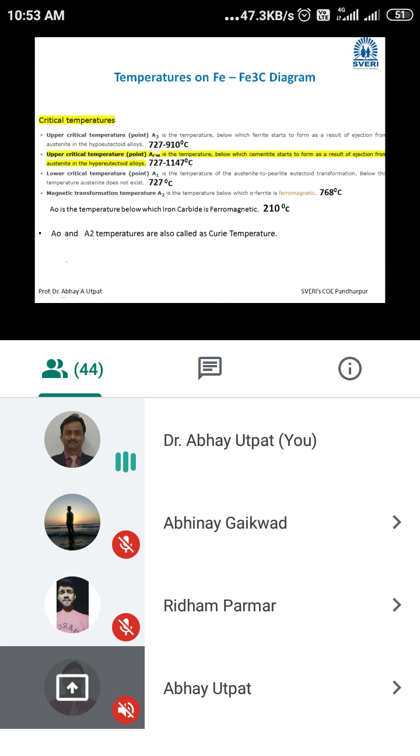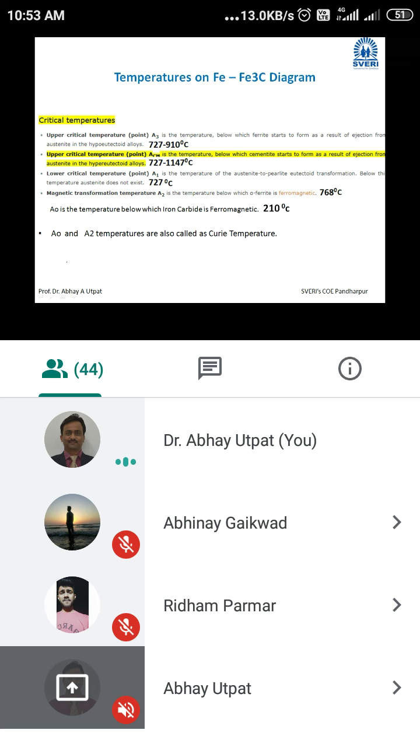These are the temperatures on the diagram which I was explaining. Critical temperatures. Upper critical temperature A3. A3 is the temperature below which ferrite starts to separate from the austenite in the hypoeutectoid alloy.